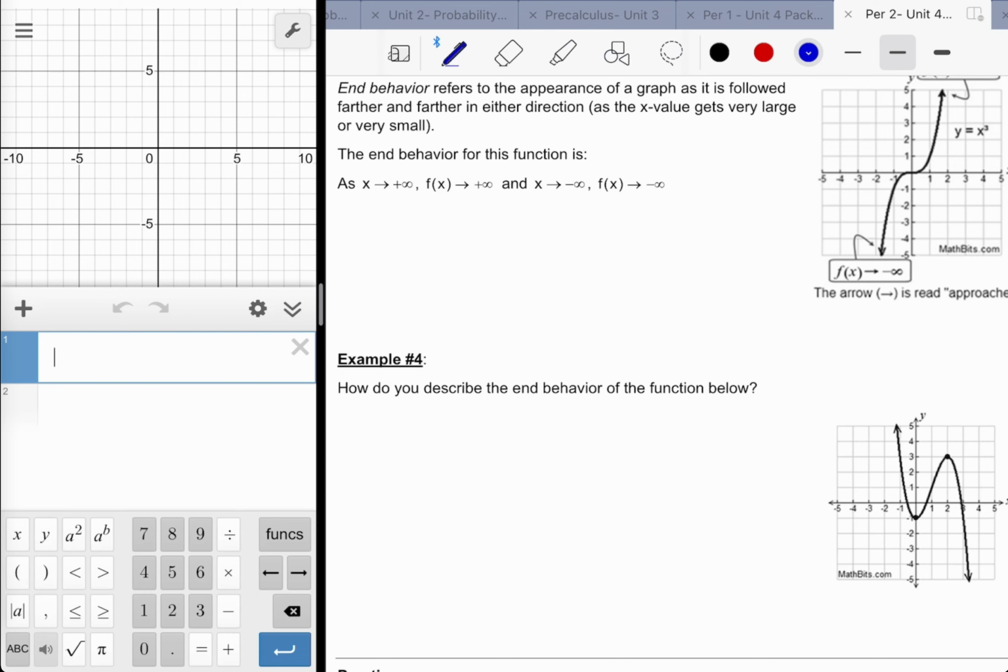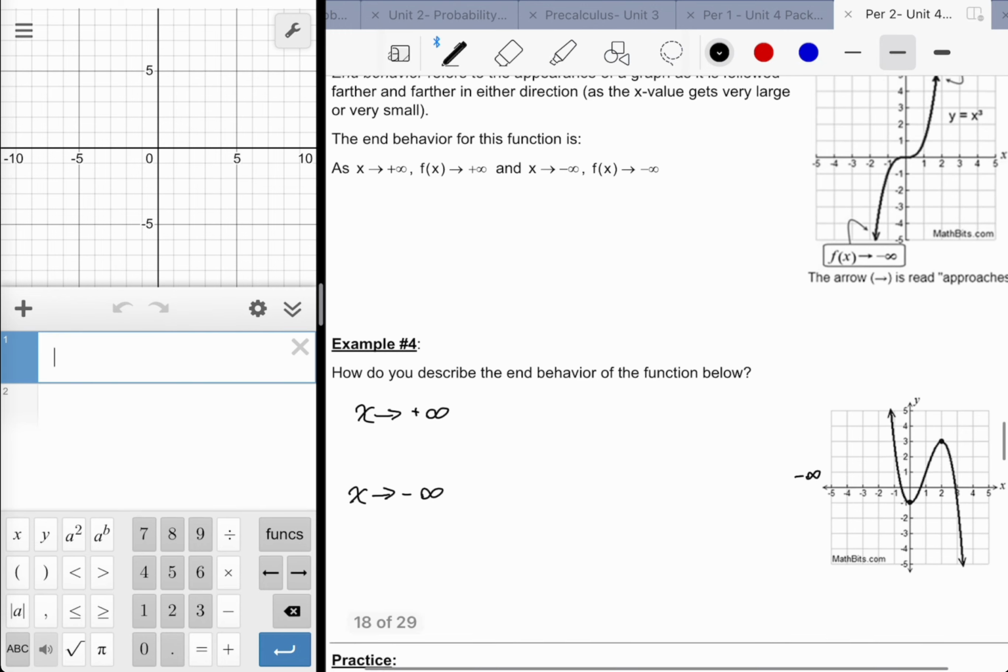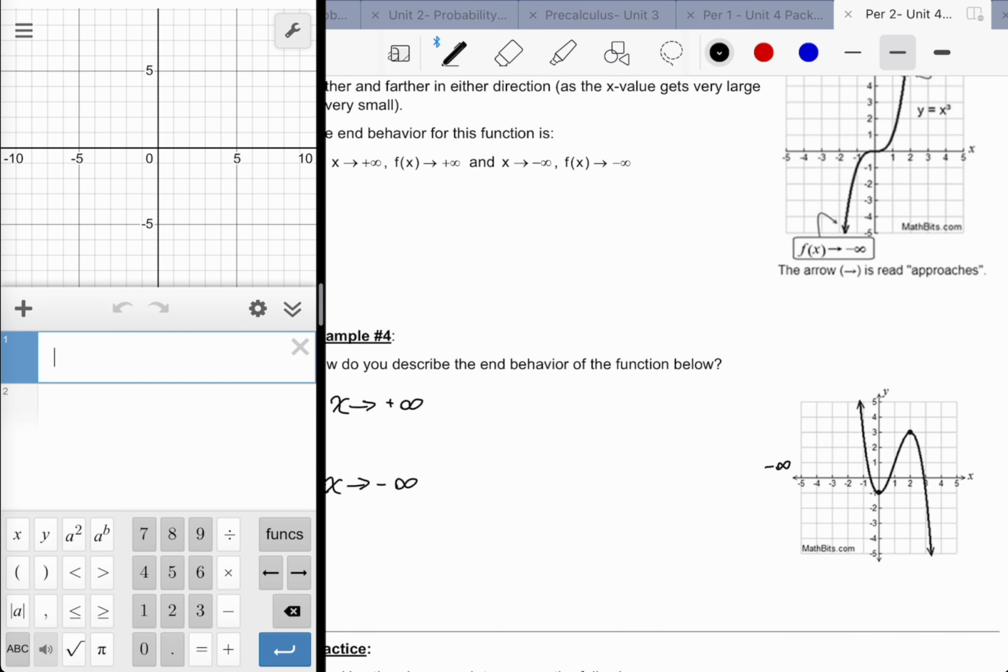Well, its ends would be as x is going to infinity, or as x is going to negative infinity. Negative infinity is over here. That would be one end of the graph. The other end of the graph would be over here at positive infinity. We would want to know where y equals f of x is going.